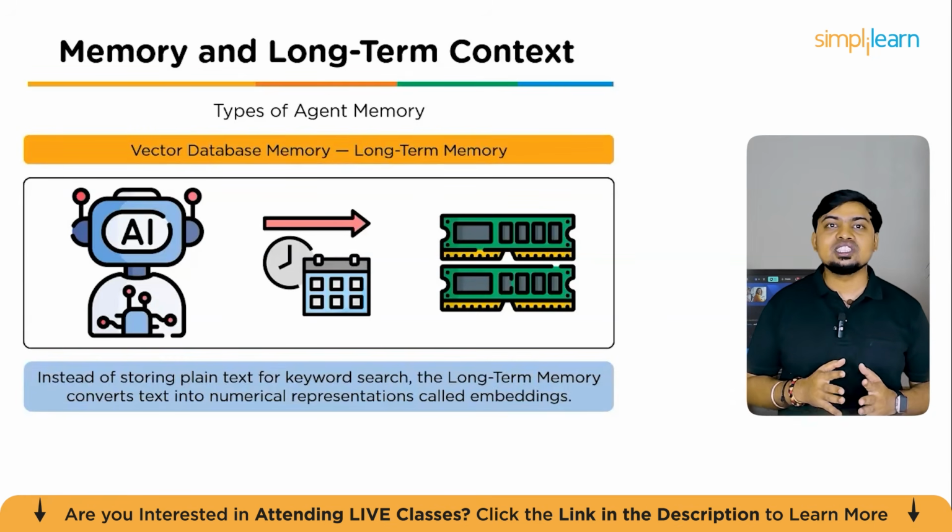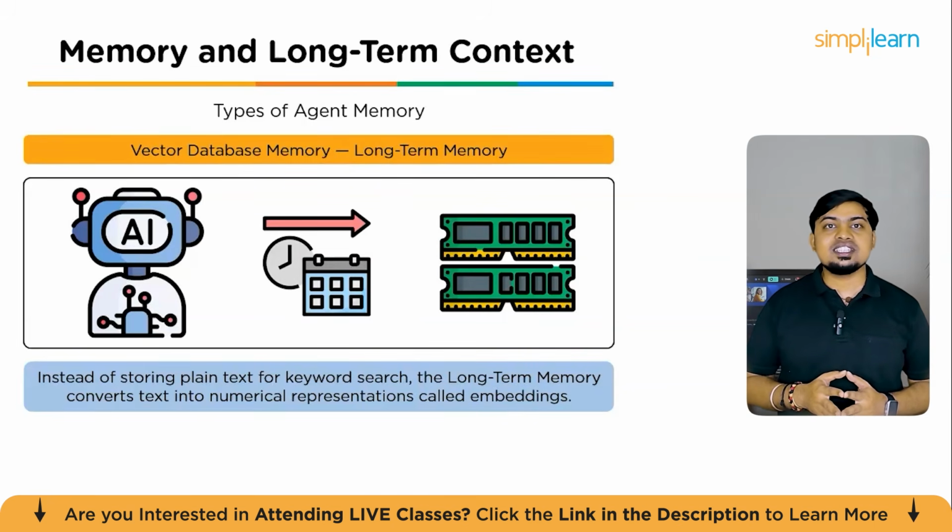These embeddings are stored in a vector database, and when the AI agent needs information, it retrieves relevant data using similarity search based on meaning, not exact words. This allows agents to remember user preferences, retrieve research documents, and recall historical conversations, and also access knowledge accumulated over time. You can think of vector memory as a long-term knowledge repository for the agent.